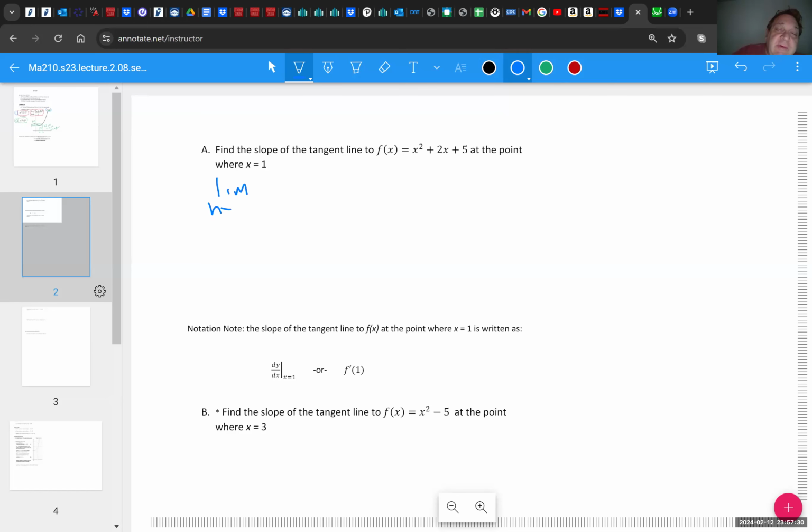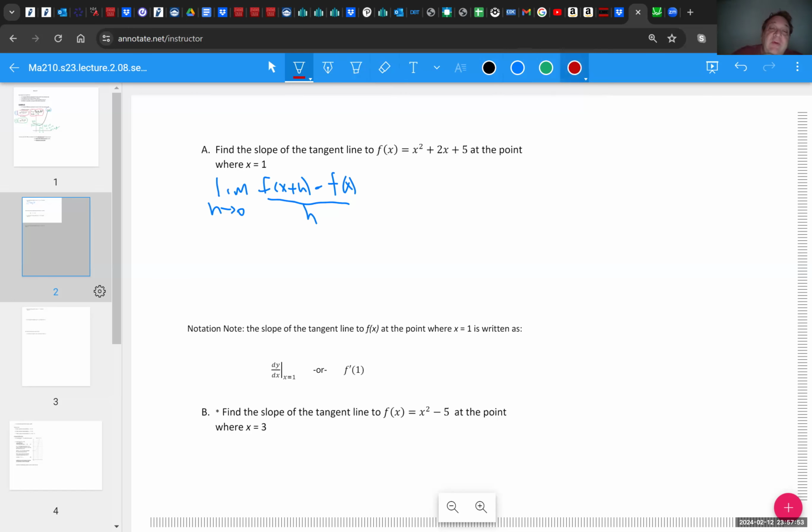This is the limit as h goes to 0 of f of x plus h minus f of x over h. Okay, so that's our typical difference quotient that you'll see and that I've used before. Okay, so all we have to do now is plug stuff in and do a bunch of algebra.